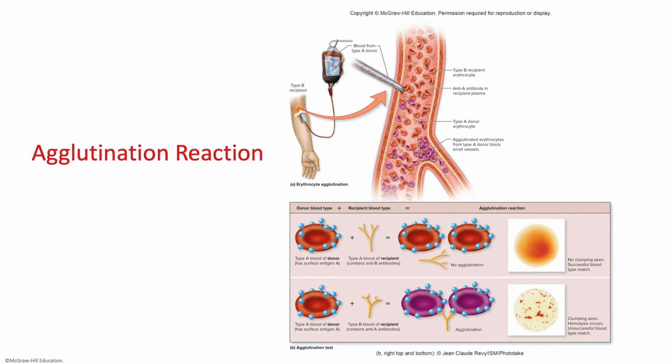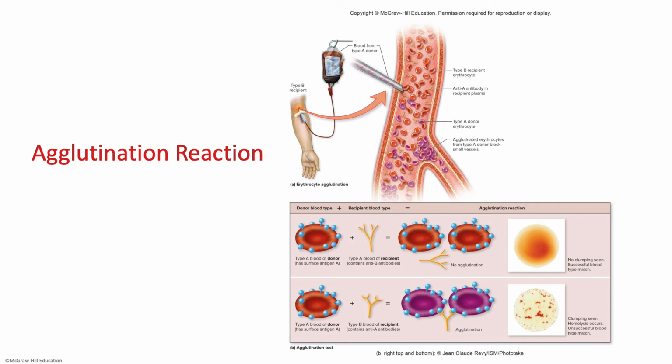So what happens when blood transfusions go wrong? We have what we call agglutination when there's a bad blood transfusion. Let's look at a good blood transfusion first. Donor blood type here is type A blood of donor, and type A blood of the recipient contains anti-B antibodies. So we're mixing A blood with A blood between a donor and a recipient.